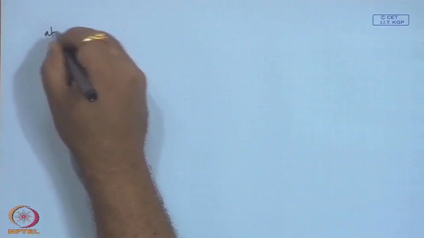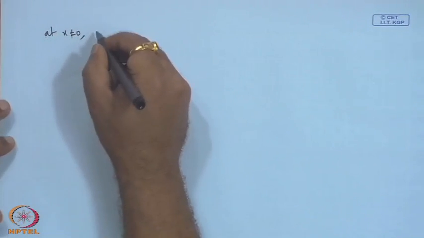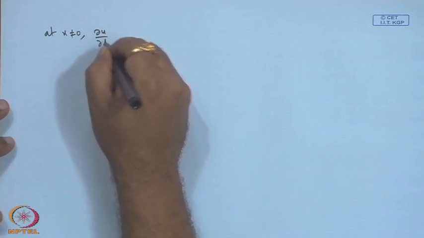Now, we have to discretize at x not equals to 0.